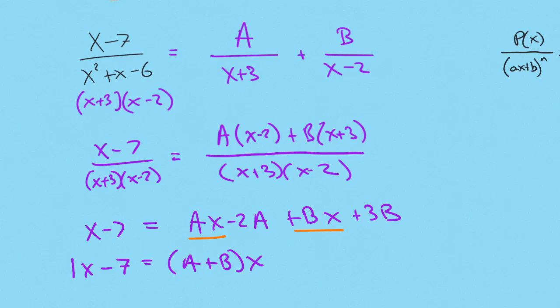Another way of thinking about that is you're just combining like terms. If I had 2x and 3x, we'd make it 5x. You'd add the 2 and the 3. So I'm just adding the a and the b. And then I also have plus my constant terms, the ones that don't have x. So that's going to be plus negative 2a plus 3b.